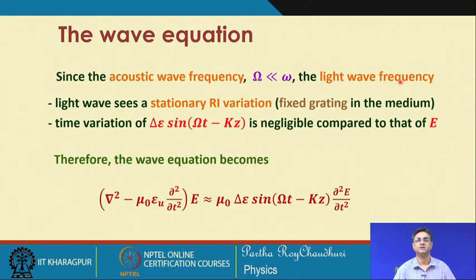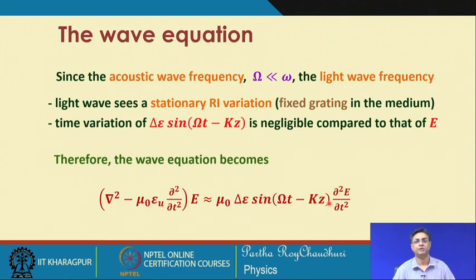As a consequence, this light wave will see a stationary refractive index variation, a fixed grating in the medium, and therefore, the time variation of this, that is plus minus of delta epsilon, will be negligible compared to the time variation of the electric field of the light wave. So, therefore, the wave equation can be written in this form.